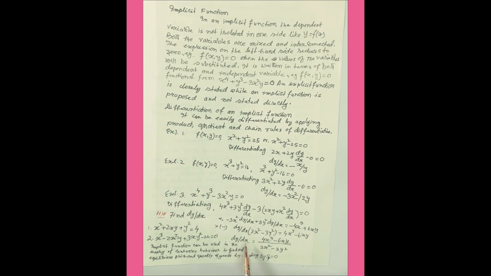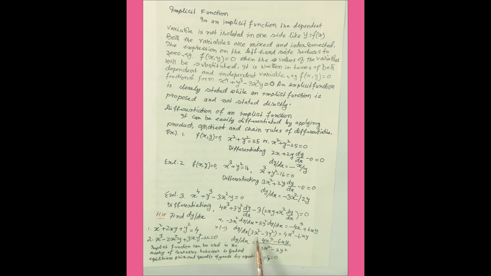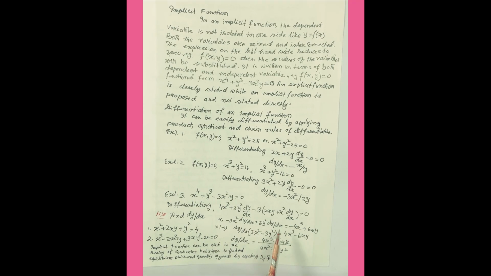So dy by dx is equal to 4x cube minus 6xy divided by the coefficient, 3x square minus 3y square. So this is how the derivative is calculated. It is difficult to do directly, so we do it with the implicit function. Differentiation is done like this.